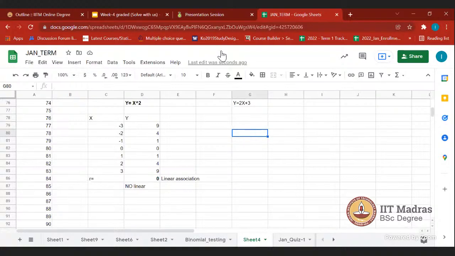How can we identify there is a linear association? Here R is equal to 0, meaning no linear association. Okay, let me write it.